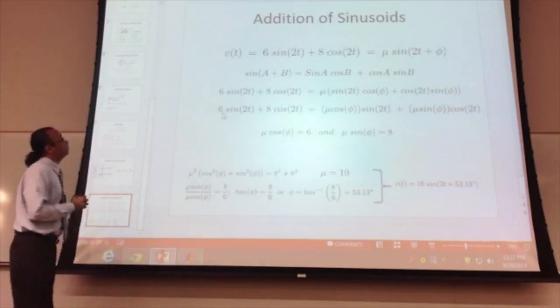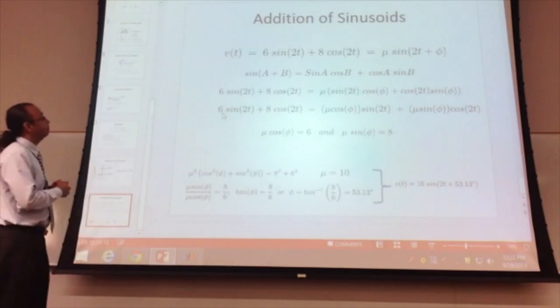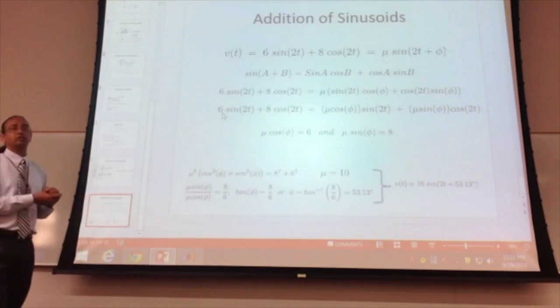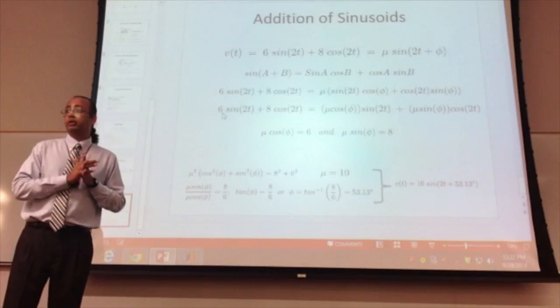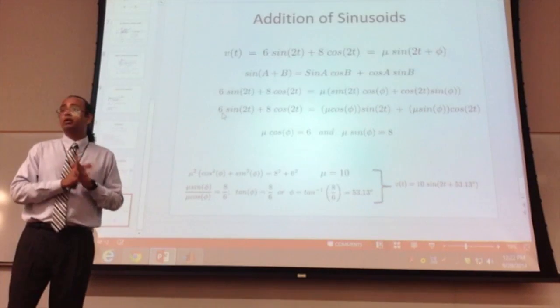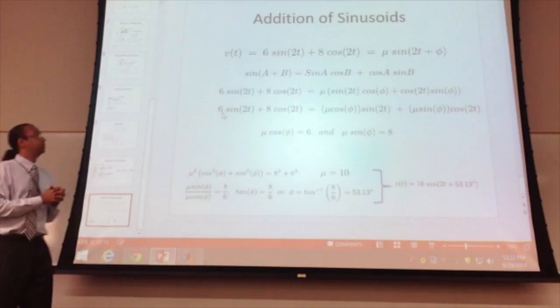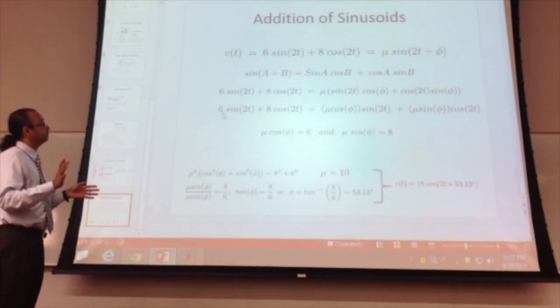Okay, so there is a trigonometric identity. Sine of A plus B is sine A cosine B plus cosine A sine B. Are you familiar with that identity? Yeah? If not, you should memorize that particular identity. It will serve you well throughout your engineering degree.